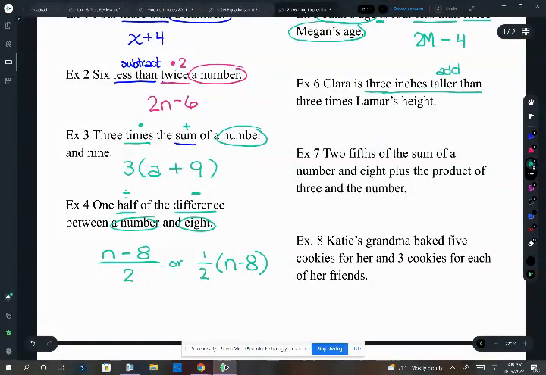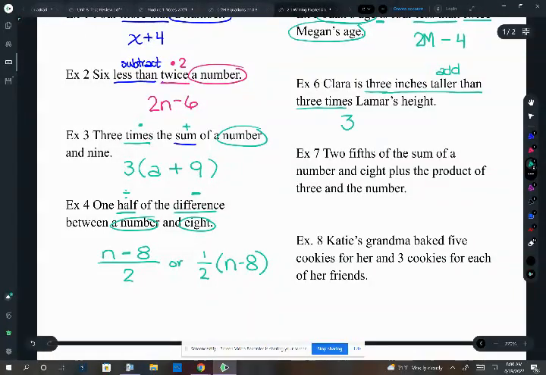Okay, so 3 inches taller than 3 times Lamar's height. So again, we want an expression here. So Clara is the thing that we're looking for, but because we're writing an expression, we don't need to write that equal sign. So 3 inches taller than 3 times Lamar's height.